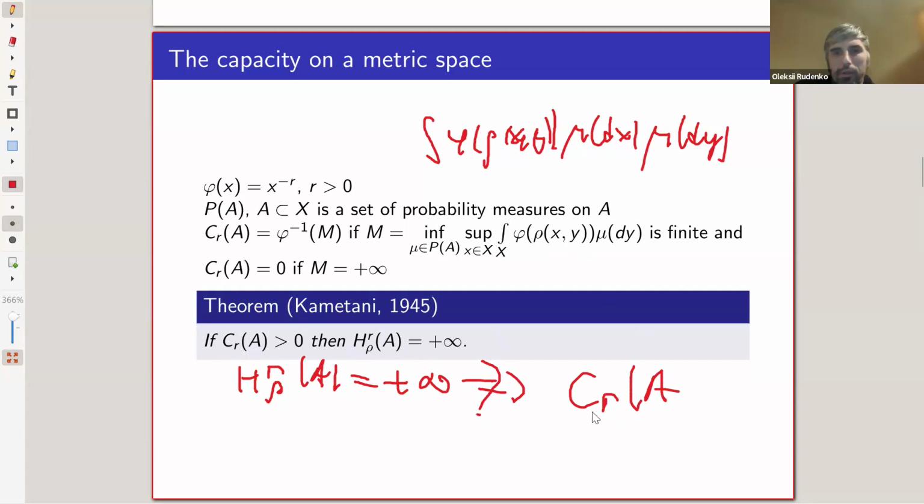So we need maybe minus delta, so we can measure smaller sets, and it is greater than 0. Something like that. I hope that this is true, and I hope that it is known, but at the moment I cannot give you an exact reference. The idea of introducing capacity is exactly so we can relate it with Hausdorff measure, and maybe in terms of capacity some things will be easier.